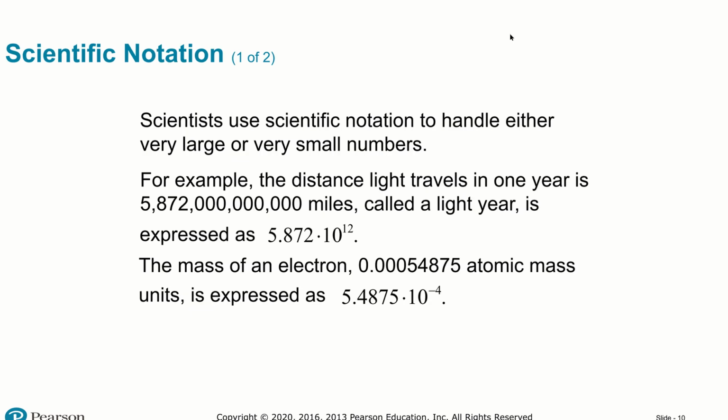Next, we want to look at a concept called scientific notation. Now, scientists often run into numbers that are extremely large, such as the example here, the distance that light travels in 1 year, which is near 5,872,000,000,000 miles.